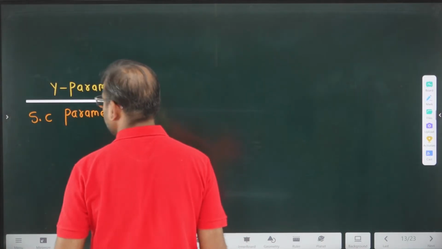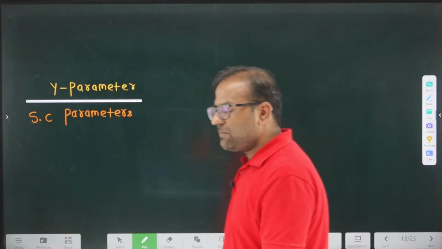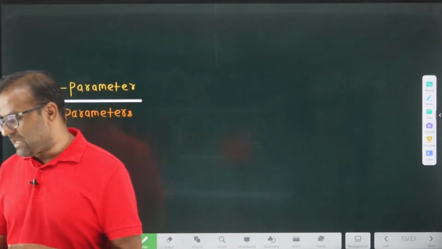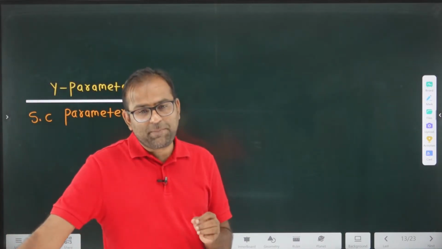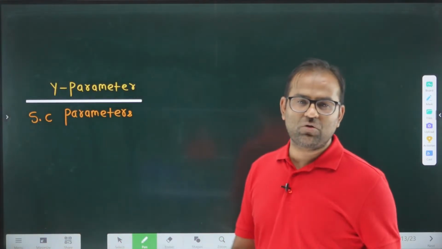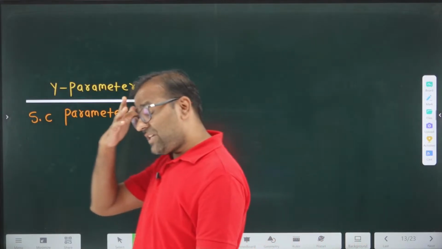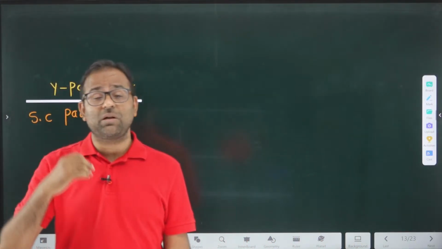We can call this parameter set short circuit parameters, or you can call this parameter set admittance parameters. Why are we calling this admittance parameters? Because in all the parameters we have seen before this, the ratio you were getting was V by I. Here you will get the ratio I by V, and I by V is what? Admittance.